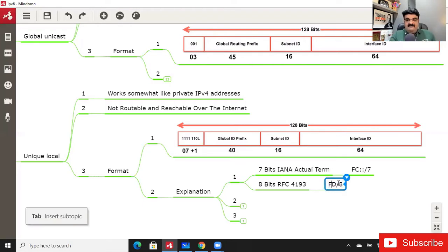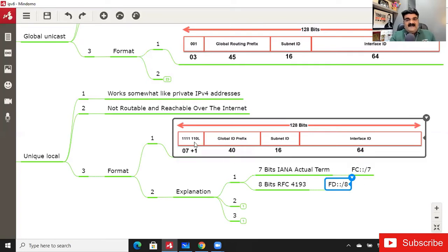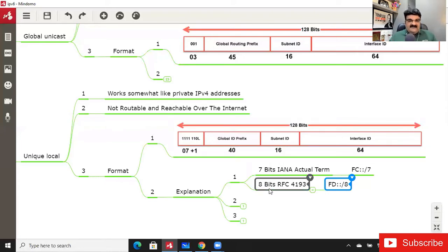Keep this in mind. When they started, the 7 bits were fixed, and now they included the 8th bit, so we can consider both. If you answer FC00::/7 you are right, and if you answer FD00::/8 you are also right.